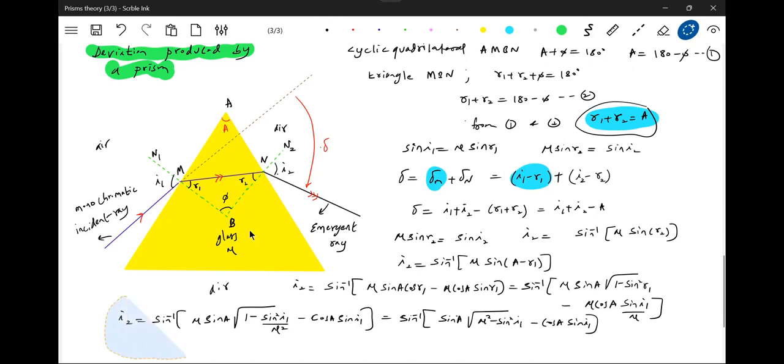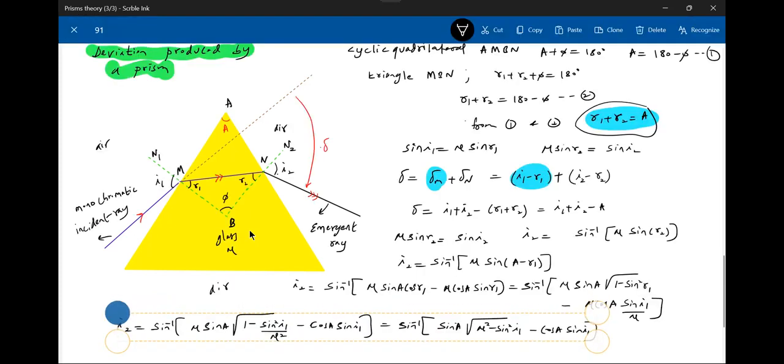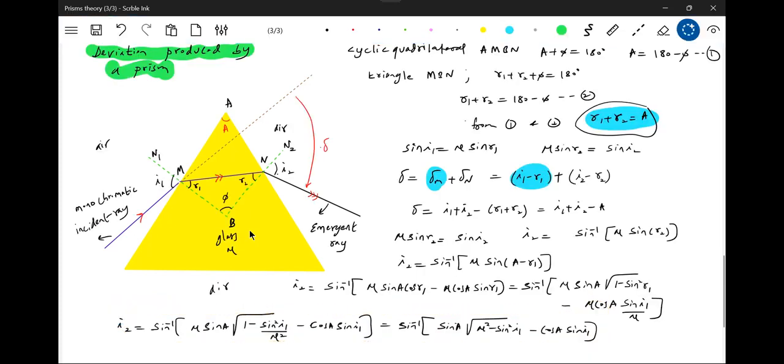Okay, there is the expression for the deviation, sorry, the angle of incidence. So the net expression will be, the deviation should be equal to now I1 plus I2 is this much.